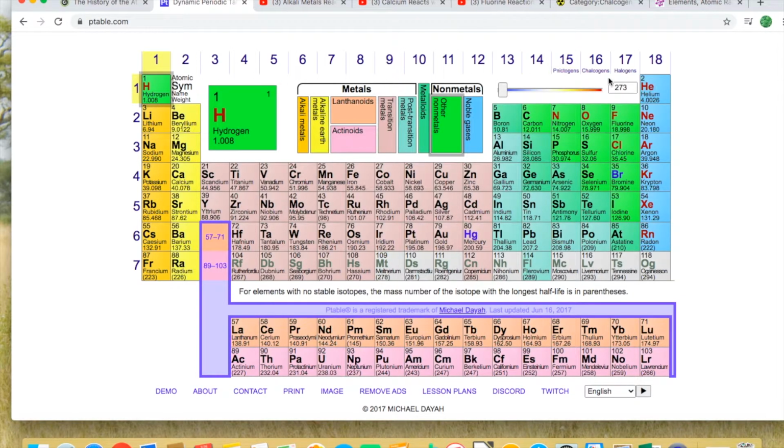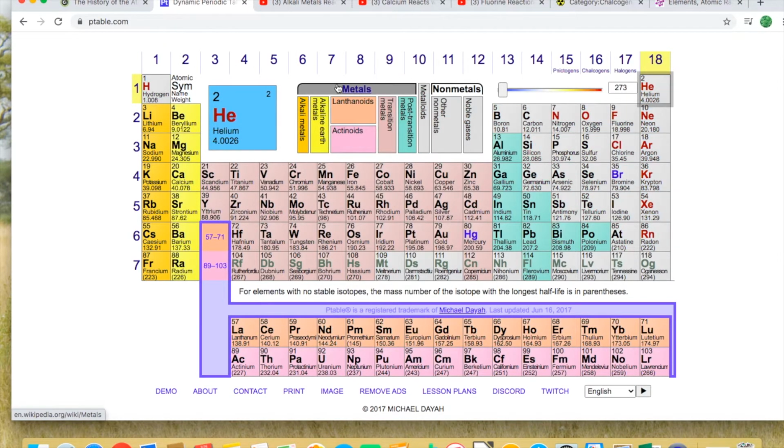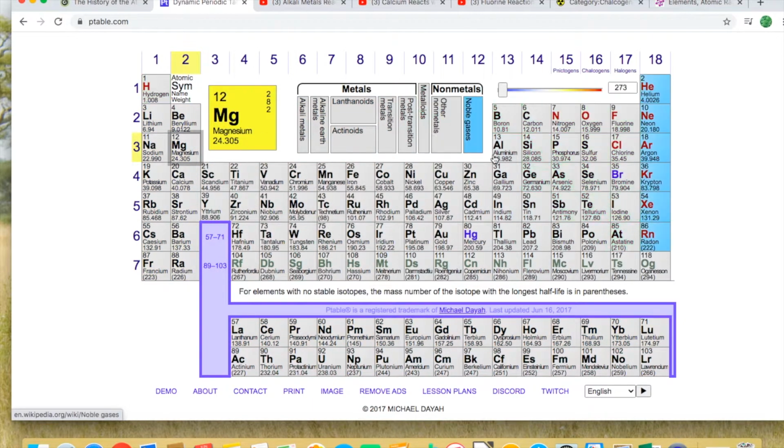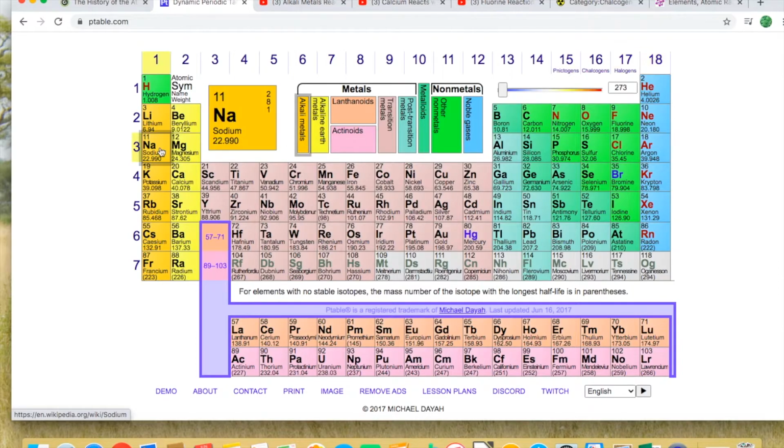Within the periodic table, the rows are called periods. Okay, so this is period 1, hydrogen's period 1, so is helium. Lithium, beryllium, boron, carbon, nitrogen, oxygen, fluorine, and neon are the period 2 elements. Here are the period 3 elements. It's very simple. The rows are the periods in the table, and the columns are also called groups, or sometimes called families.